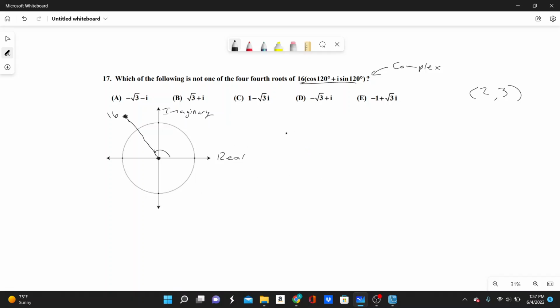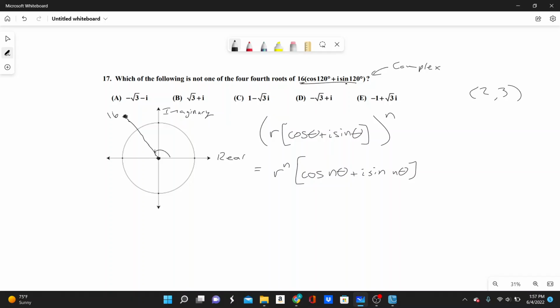If you take something in the form of r times cosine theta plus I sine theta, which is what we have, where r is 16 and theta is 120, and you raise it to a power, in this case the 1/4 power for the fourth root, then this turns out to be r to the n, so you raise the distance to the power, multiplied by cosine of n theta plus I sine of n theta. So you multiply all your angle measures by your power.